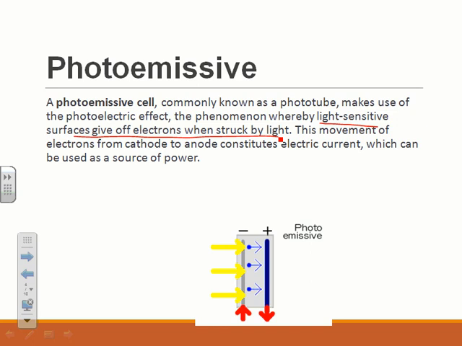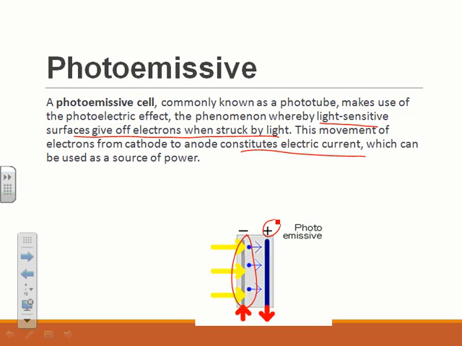The movement of electrons from cathode to anode constitutes an electric current, which can be used as a source of power. When light energy falls on the surface of the photoemissive material, it emits electrons, and these electrons move to the positive terminal and are collected by it, and they constitute an electric current. This is the principle behind the photoemissive effect.